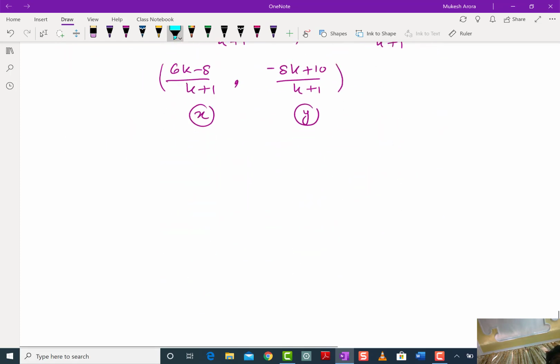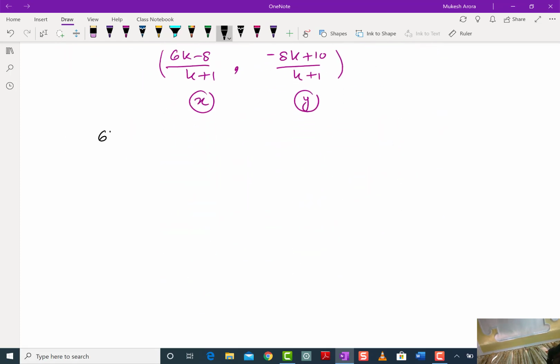x is -1. So we'll write (6k - 8)/(k + 1) = -1. So 6k - 8 = -k - 1.